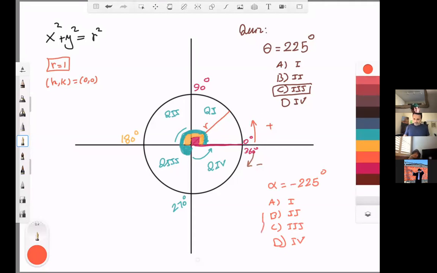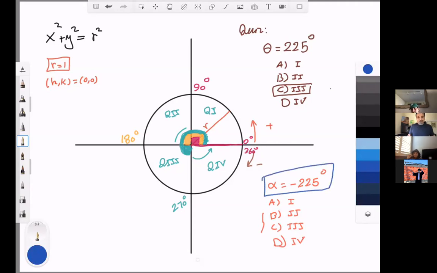Let's investigate on this one. Let's pick what color. Our difficulty is what color should I pick? Let's see, blue. So we know alpha is negative 225. You see negative, so we're gonna go this direction.